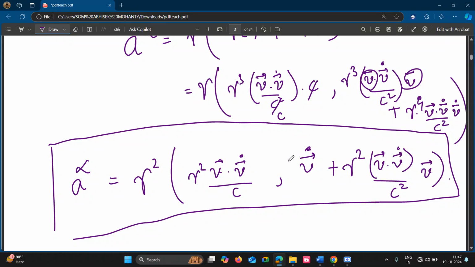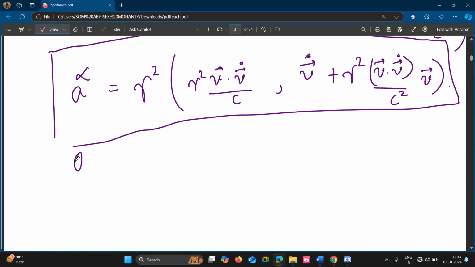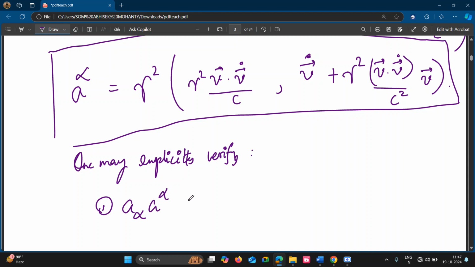Okay, so one may explicitly verify the following 2 points also. If I explicitly verify, first, a alpha will be less than 0.